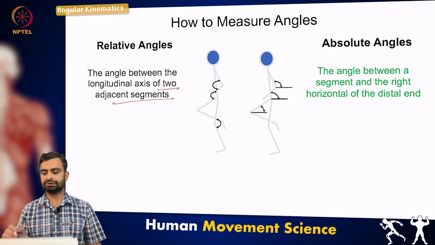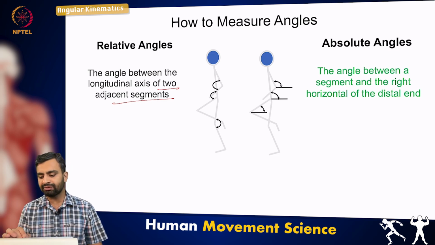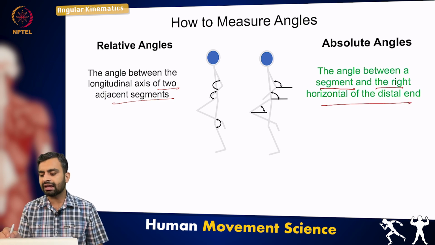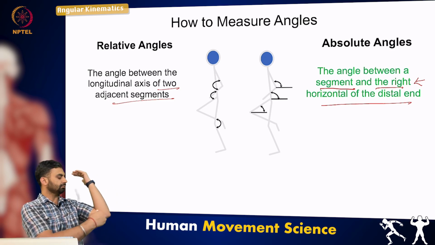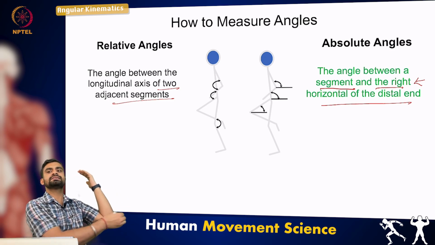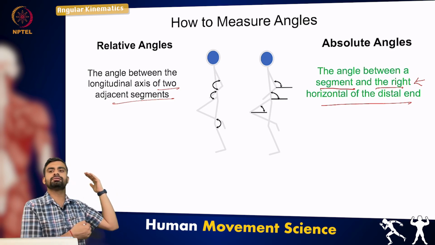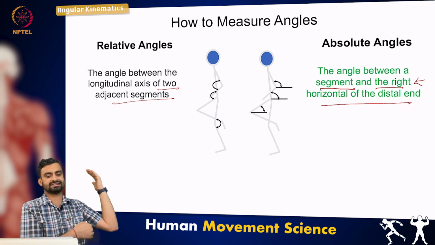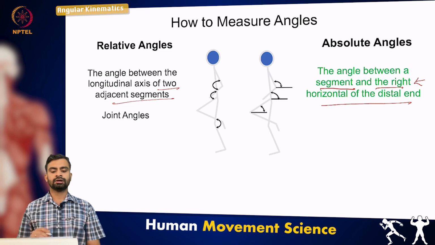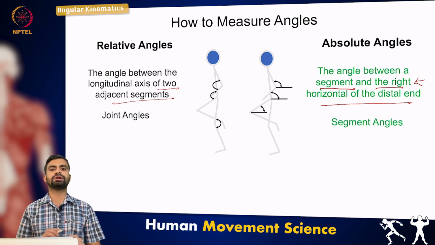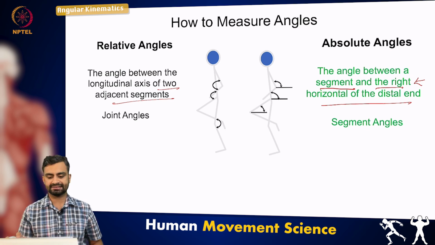Whereas absolute angle is nothing but the angle between a segment and the right horizontal of the distal end. Over here I mentioned right horizontal, but it can generally be defined as a horizontal axis or a vertical axis itself. So relative angles are also known as joint angles, whereas absolute angles are known as segment angles.